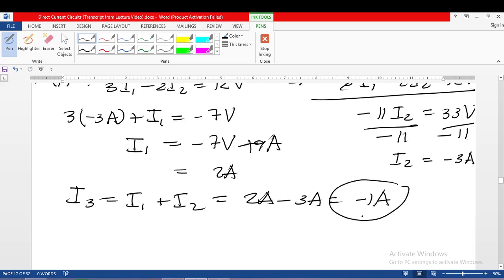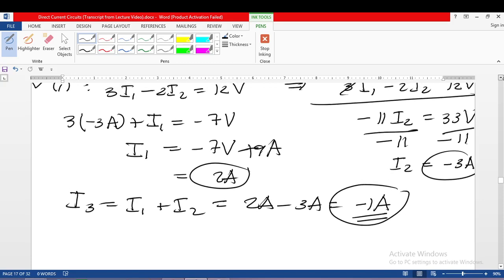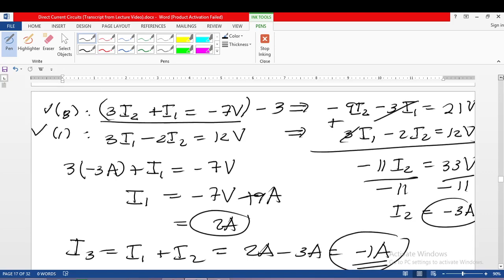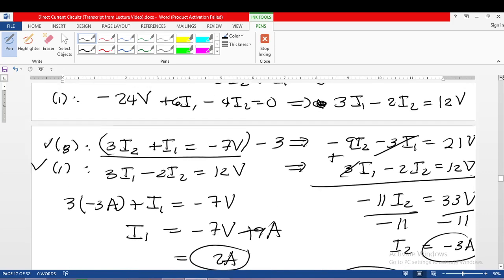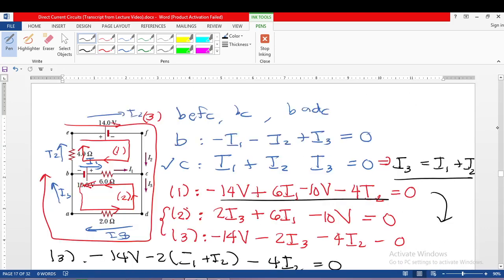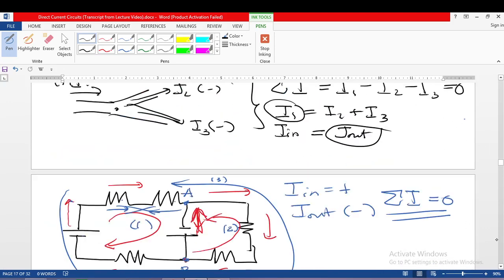So muna kung pasabot ninyo niya na you have to make sure muna nga ang imuhang mga current kadi nimo siya i-positive dili kay once i-positive nimo it becomes 5 amperes, di ba? So basically your I3 and I2 are in the opposite direction that the problem is supposedly gi-assign nga direction. Let's tanawon daw nito.